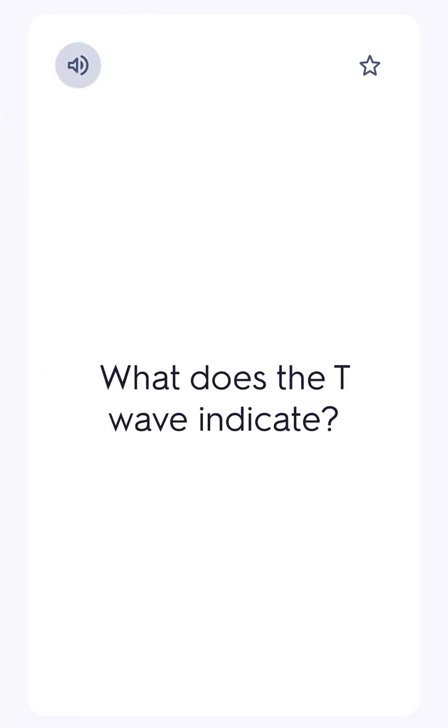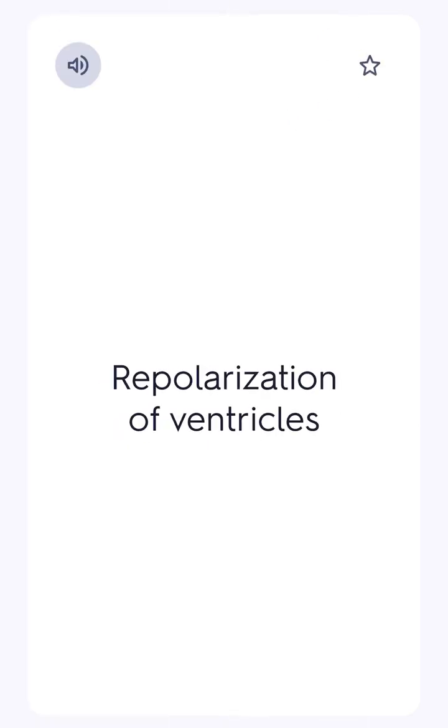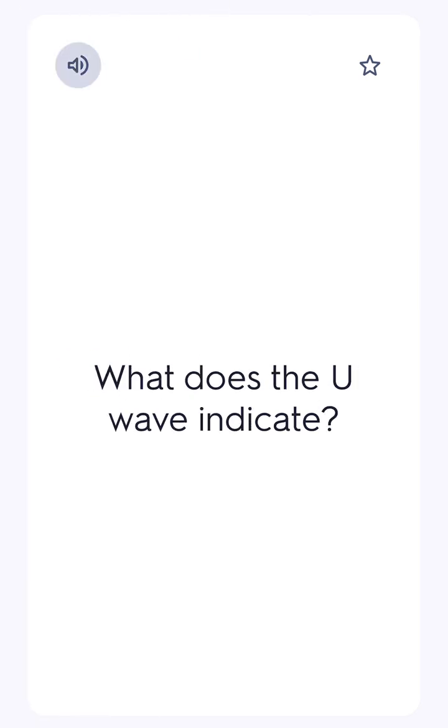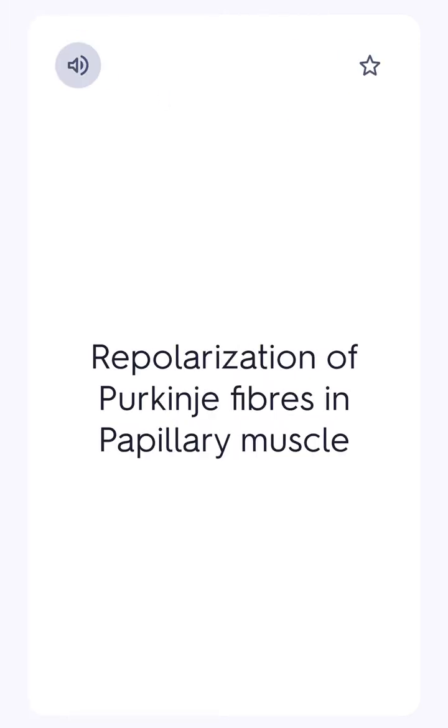What does the T wave indicate? Repolarization of ventricles. What does the U wave indicate? Repolarization of Purkinje fibers in papillary muscle.